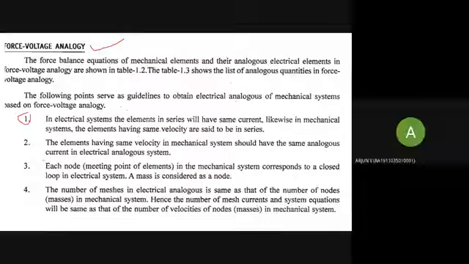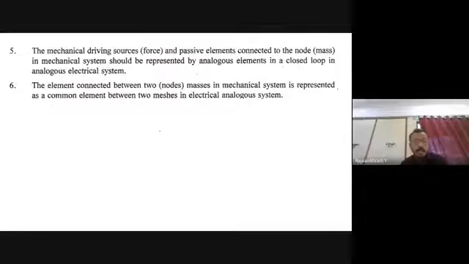Yes, sir. So the last 2 points: mechanical driving sources, force, because there the force is the input, and connected to the node, should be represented by the analogous element of closed loop in the analogous electrical system. That is, the elements in the mechanical system, mass, spring, dashpot, should be represented as elements in the electrical system. That is the 5th point. And the last one is the element connected between the two masses in mechanical system is represented by a common element between two meshes in the electrical analogous system.